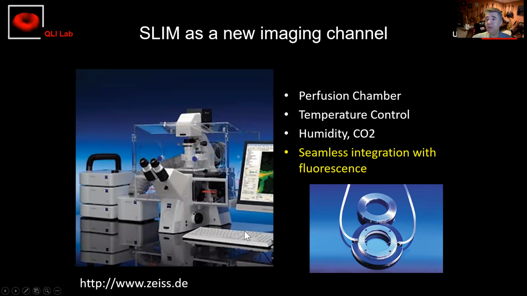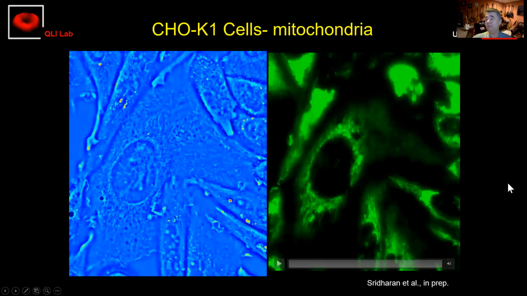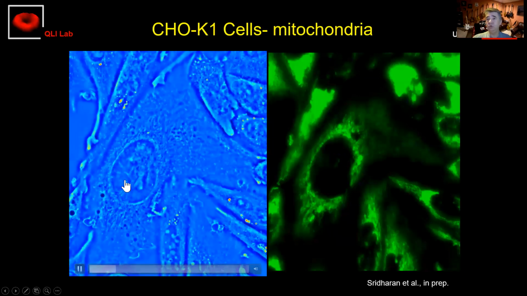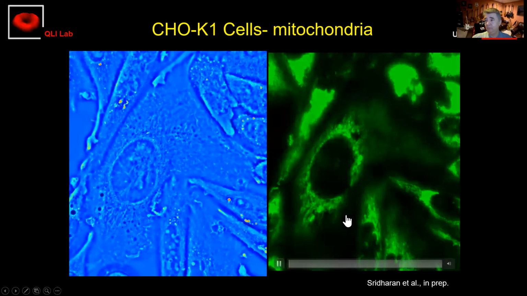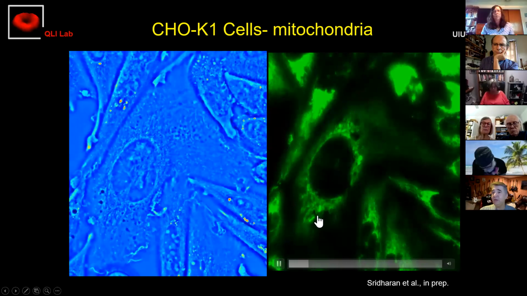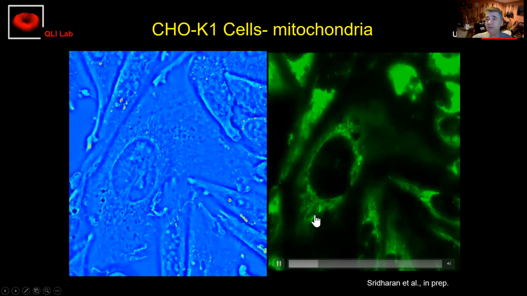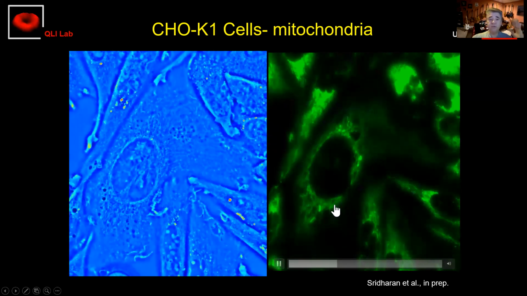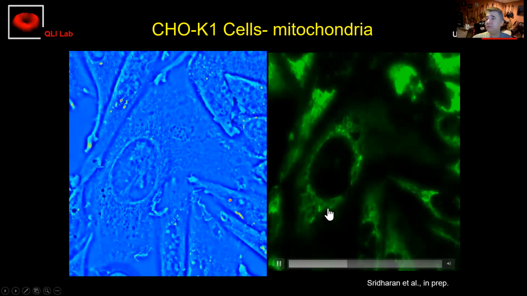Also, because the paths overlap, I can get SLIM and fluorescence on the exact same field of view, like for example here. So you look at the CHO cell, and this fluorescence is GFP expressed in the mitochondria. So basically the idea is, if we want to get specific measurements, we could go back and forth between SLIM and fluorescence.